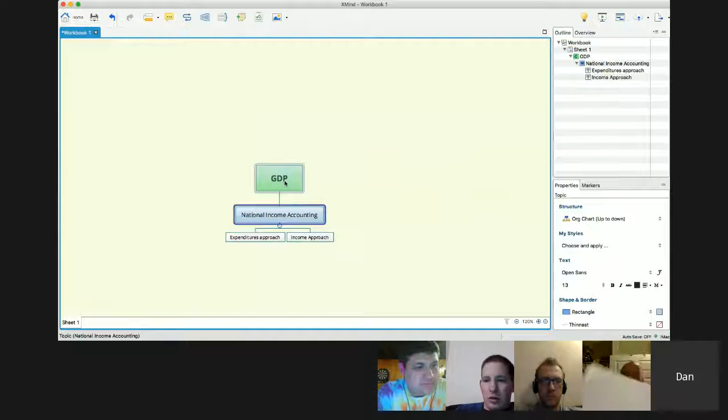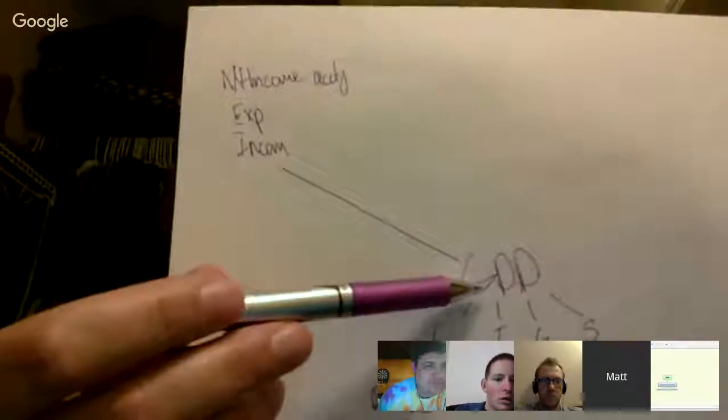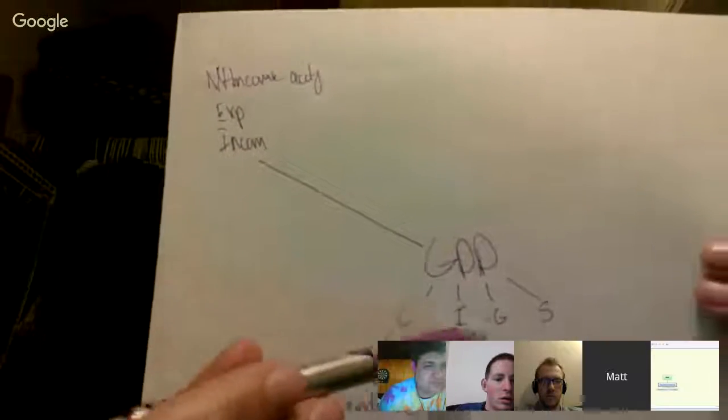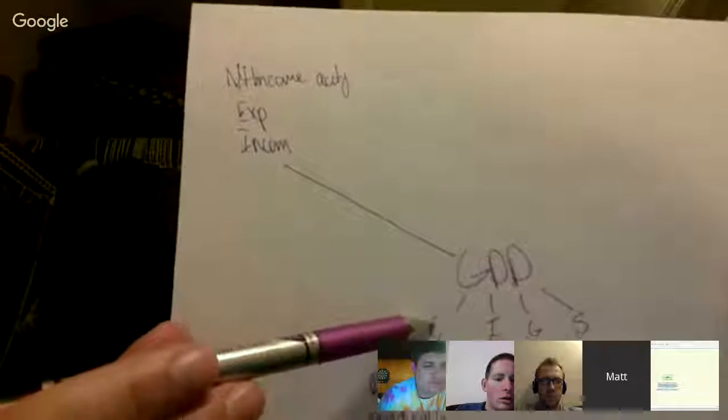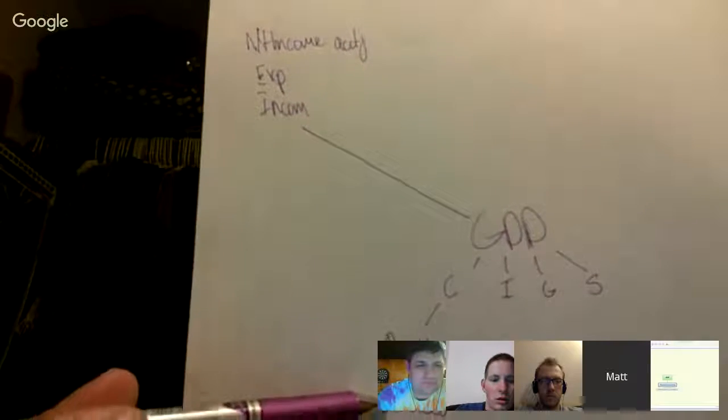What about, go ahead. We're gonna go down the list, I guess. So, intermediate goods. But Matt, I can't see your paper if you lift it up a little bit higher. So if we had GDP, you got your CIGX, everything: consumer expenditures is durable, non-durable, and services.